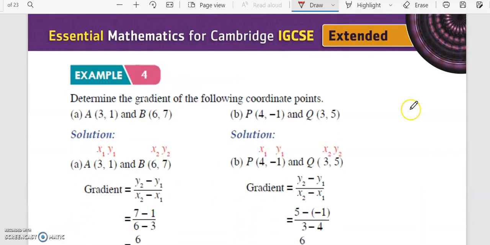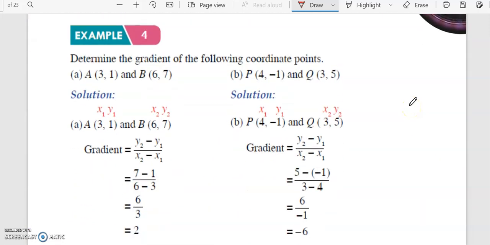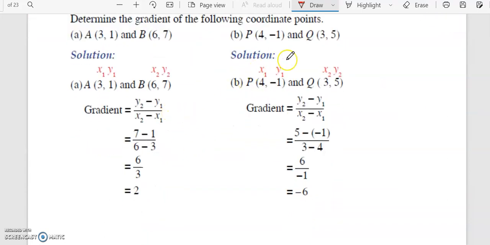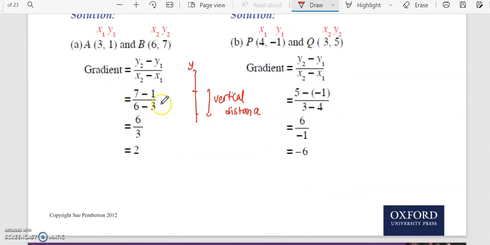Okay, so we get to example 4. Determine the gradient of the following coordinate points. So ini dia bagi coordinates point. So bila coordinates point, you can use the formula for gradient, which is y2 minus y1 over x2 minus x1. Okay, perasan kalau you tengok, y2 minus y1 actually refers kepada vertical distance, and also x2 minus x1 is actually the horizontal distance.